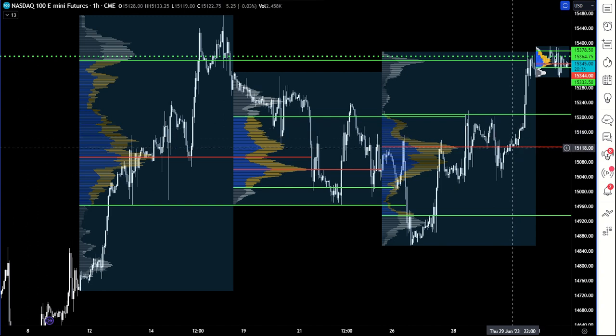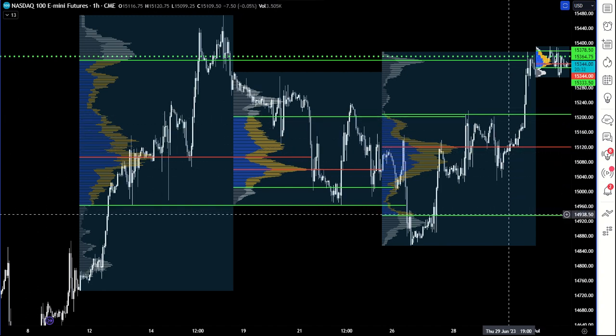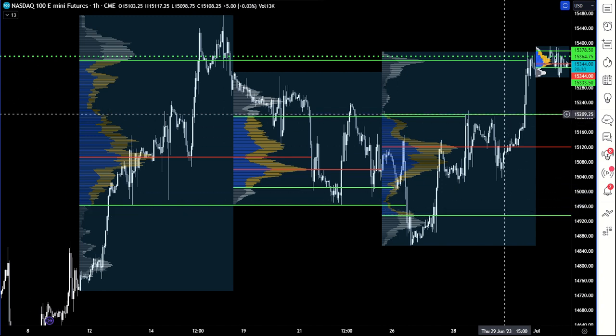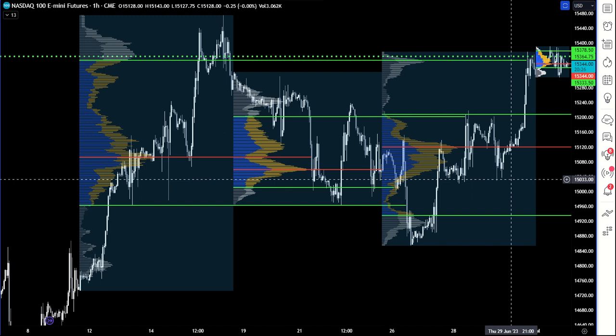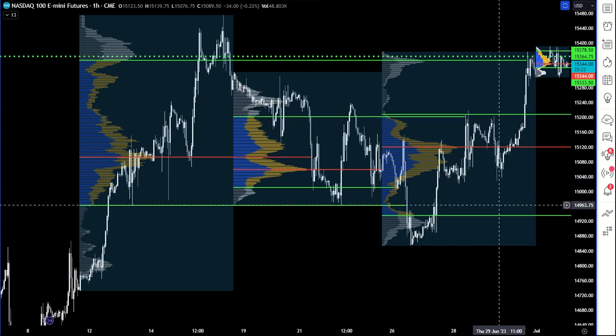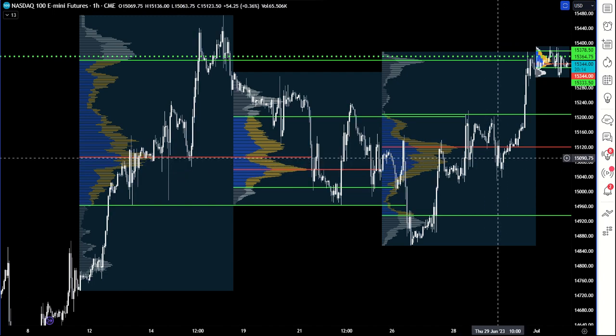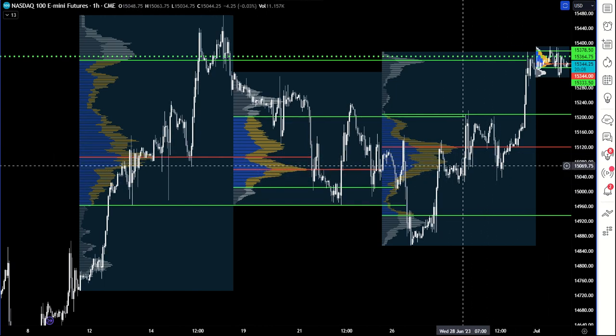But one thing to think about is 70% of all volume is transacted within the value area high and the value area low. This is considered balance. And in order to create an imbalance, i.e., a breakout, there must be enough volume that changes hands within the value area.